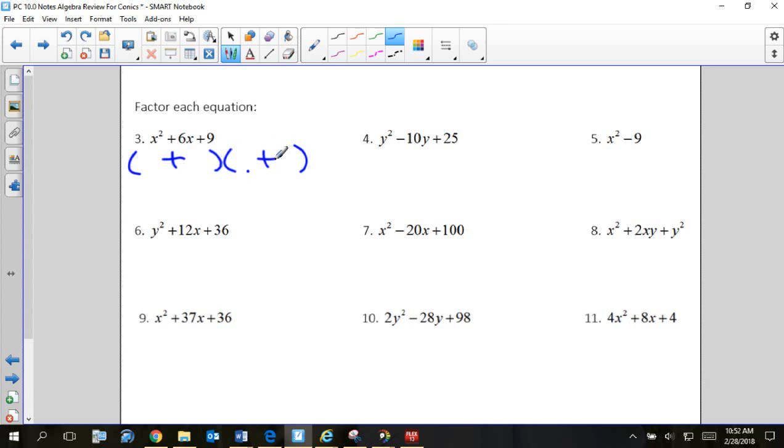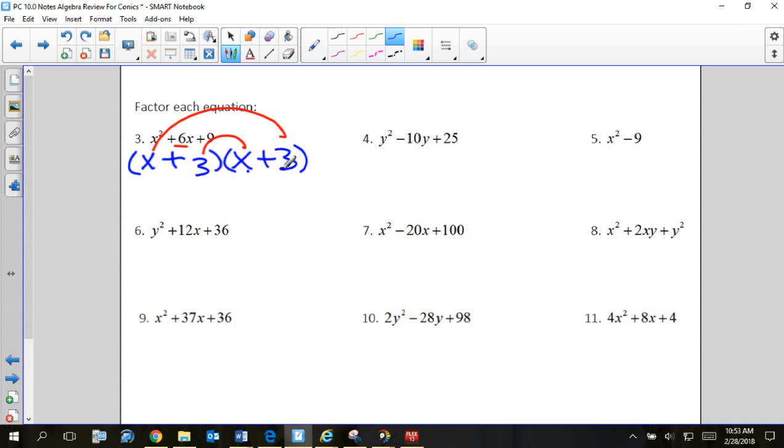So if I'm doing FOIL, to get x squared, I would have to do x multiplied by x. My last term is 9. So to get 9, I either do 9 times 1 or do 3 times 3. But then when I FOIL it all back together, my outside and my inside have to add up to be 6. So that tells me it's going to be 3 and 3.